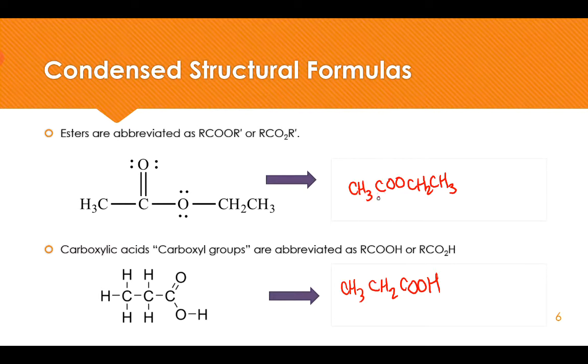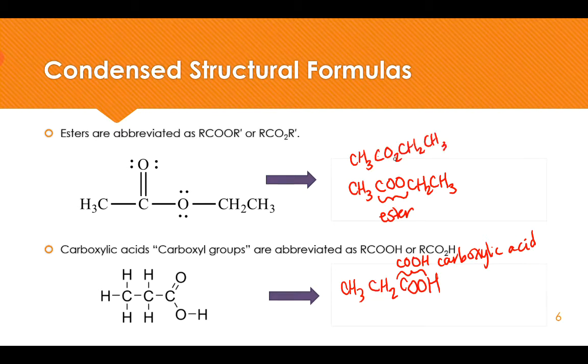So this COO means ester, and then we have the COO again, but that COOH is carboxylic acid. Other variations include doing CH3, CO2, CH2, CH3. I don't like that one as much, just personal preference. You can also do that down here with the carboxylic acid and abbreviate it CO2H.